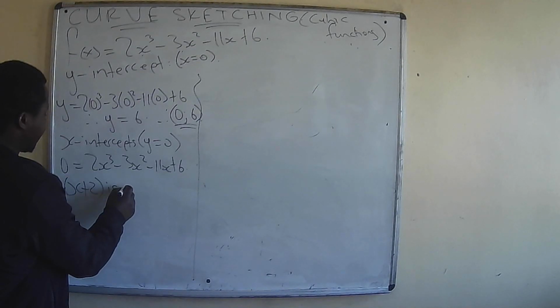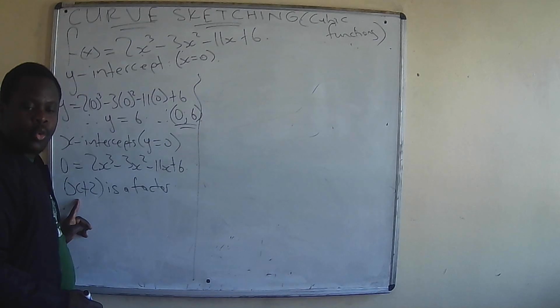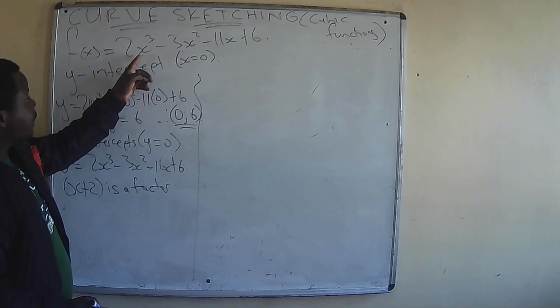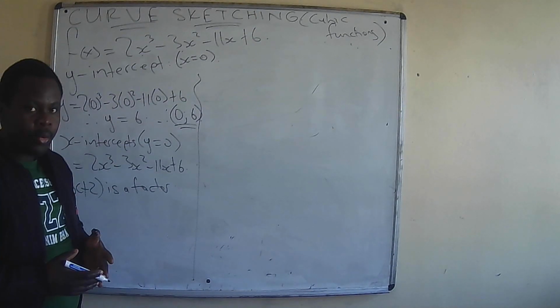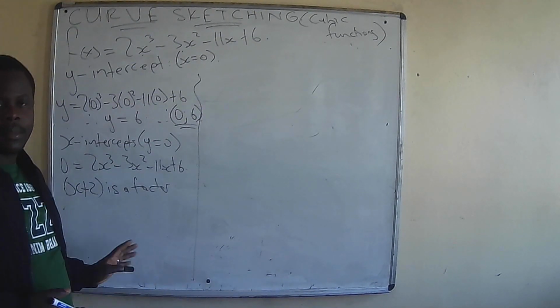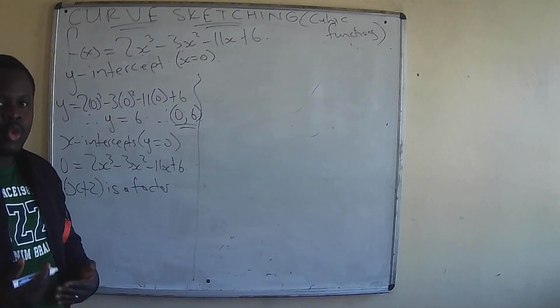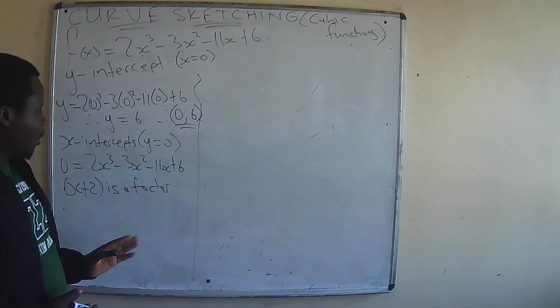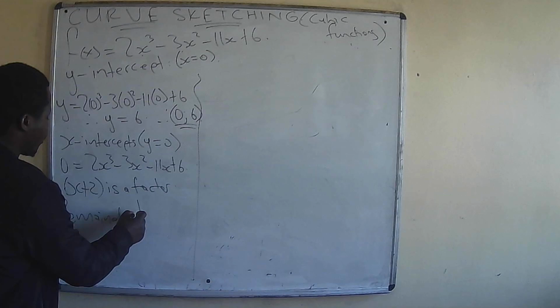If x plus 2 is a factor of this cubic function, then we need to be able to test to know whether really x plus 2 is a factor of the cubic function. How do we test? We test with what is called the remainder theorem.